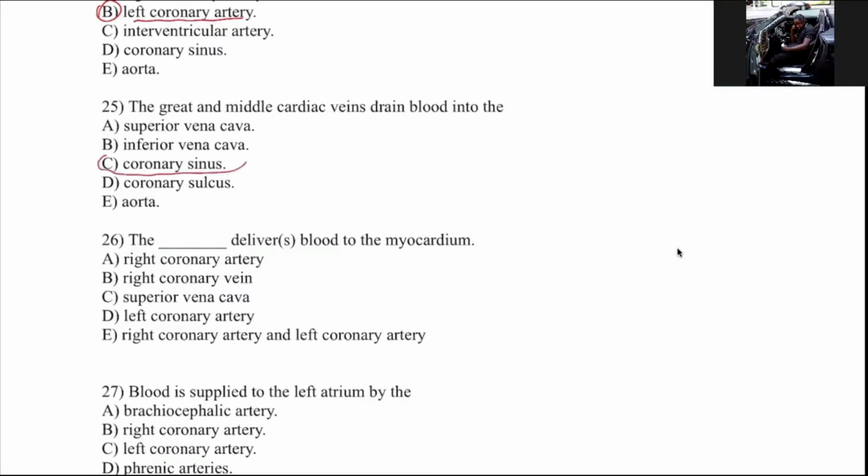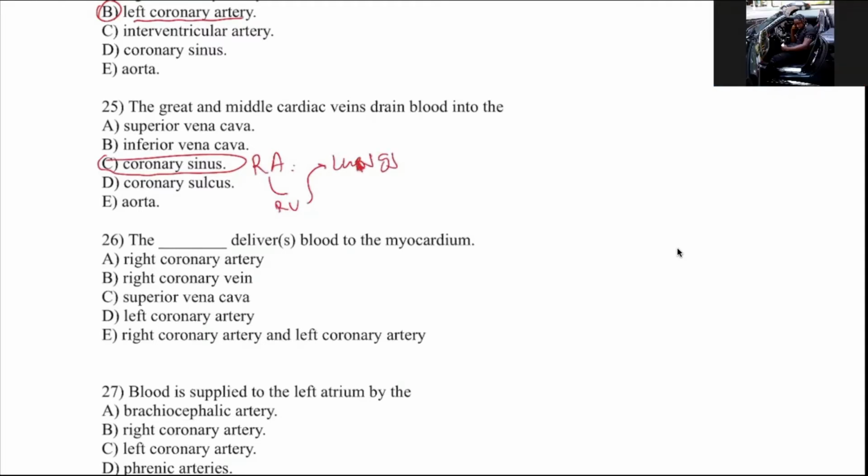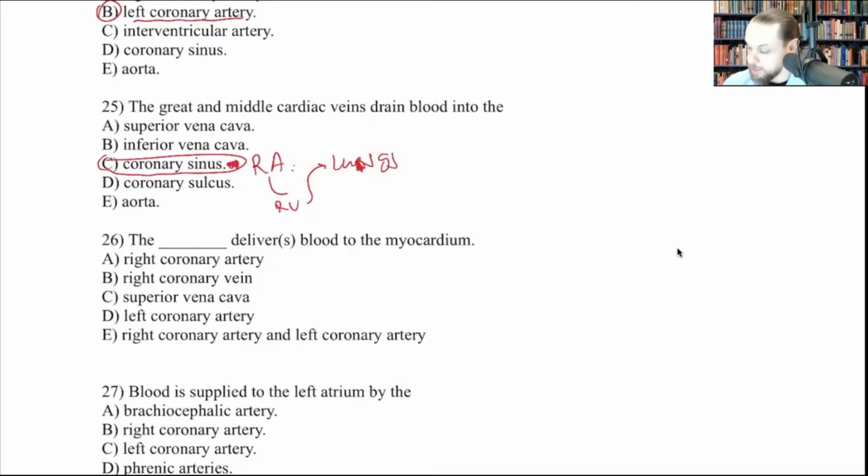That's where they return, and then they go back to the right atrium. Why? Because the right atrium then goes to the right ventricle, and then to the lungs to get oxygenated. Basically, we have coronary arteries that supply blood and nutrients to the heart muscle, and then we also have the veins that take that blood, which has to be reoxygenated and circle back through the lungs, and it does that via the coronary sinus drainage.